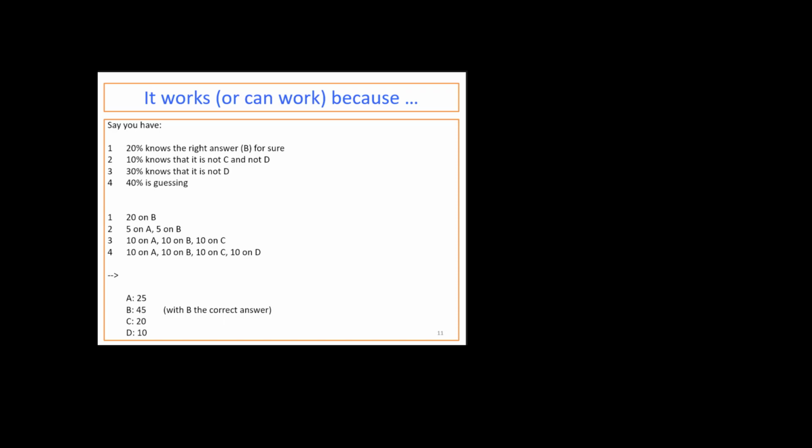They have no clue. So there will be 20% for B, 5 on A, 5 on B, 10 on A, 10 on B, 10 on C, and the people who were guessing are also randomly divided. If you sum up those answers, you will get to answer B, which is the correct answer. So even if you have an audience that doesn't really know the answer, together you still come to the right answer.